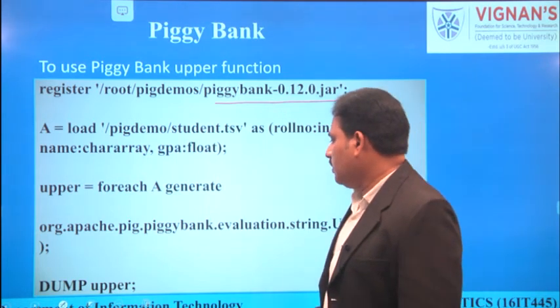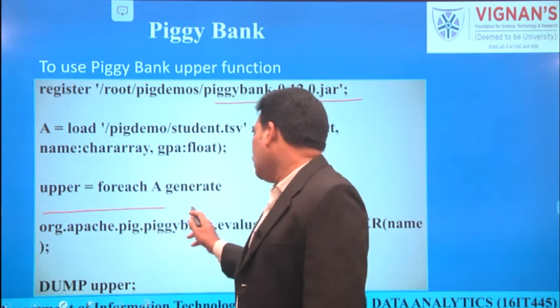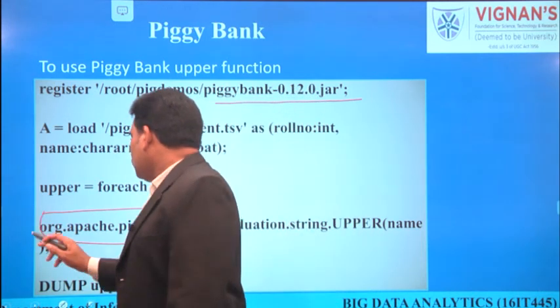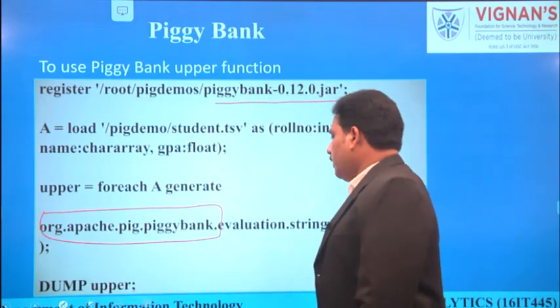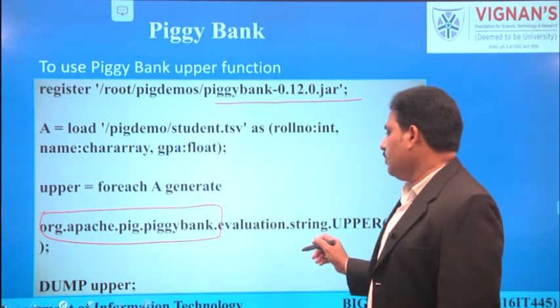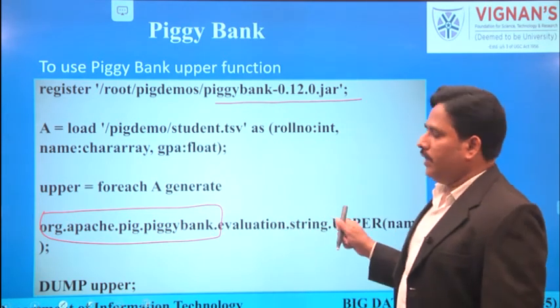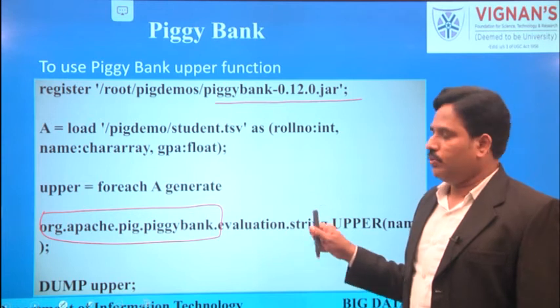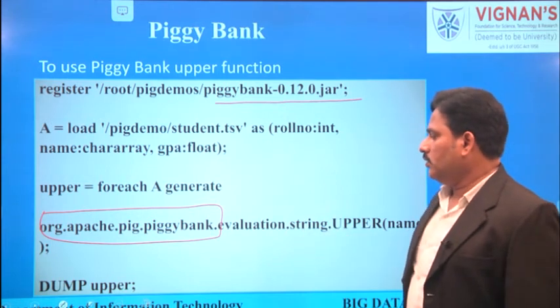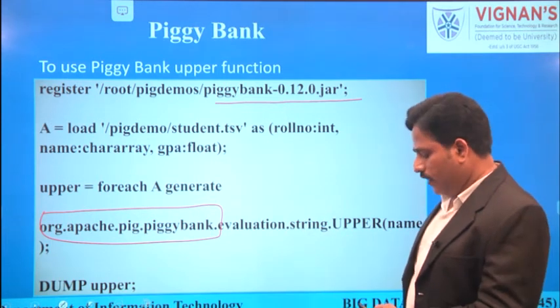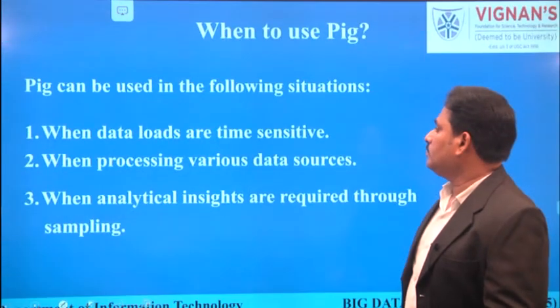That means to use piggybank, we have to use a command called org.apache.pig.piggybank.evaluation.string. That means if you want to apply string related operations, we can use piggybank. Now we want to convert into uppercase.